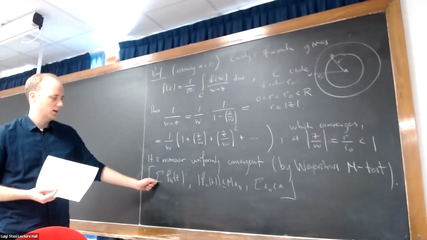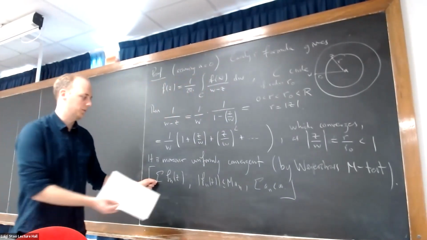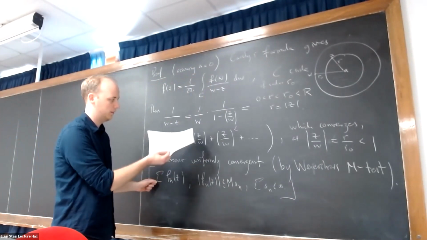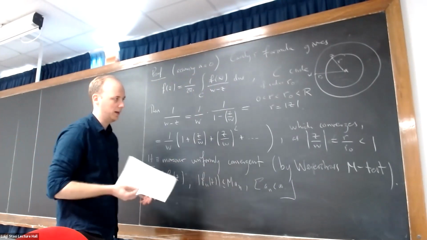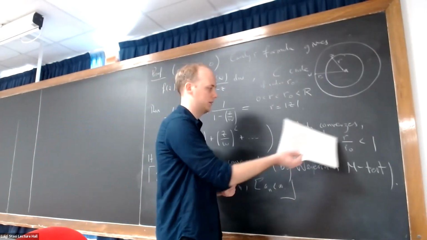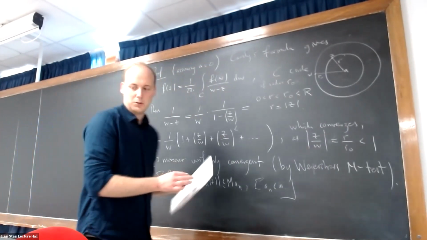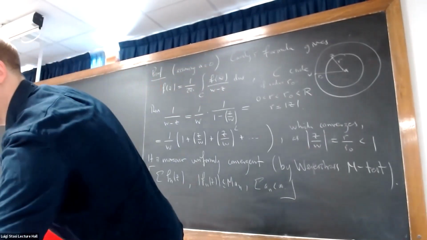In this case, we apply this with f_n of z being z over w to the power n, and since the absolute value of z over w is less than 1, the M-test applies. So we get this uniform convergence.